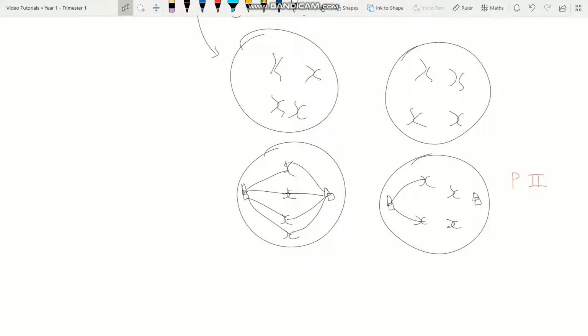So as we can see here, the chromosomes are now being pulled by these microtubules towards the center of the cell.